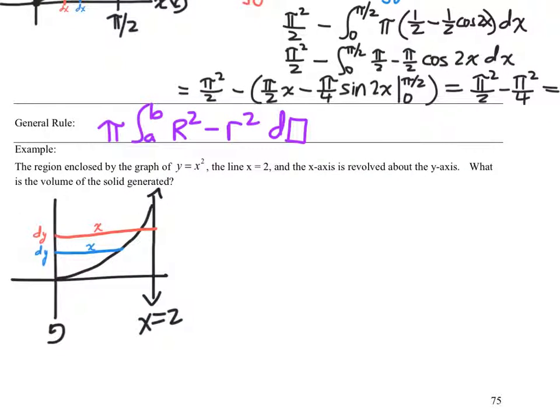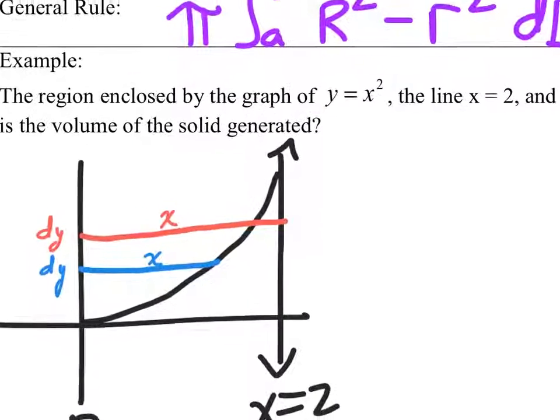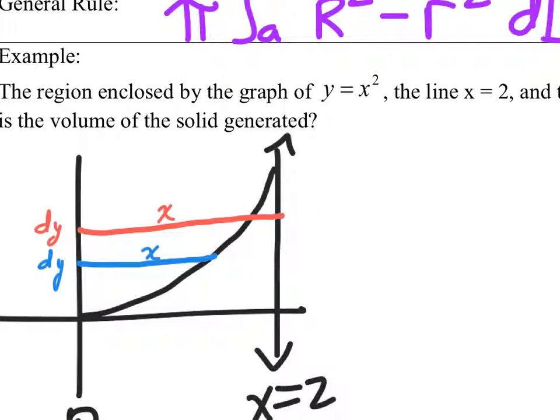And as long as you can keep straight which is which, the outer one is x equals 2. Maybe make a note of that on your rectangle if you want. So x equals 2. The inner one would be what? x is equal to what?